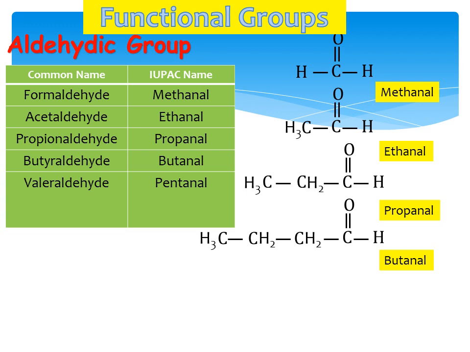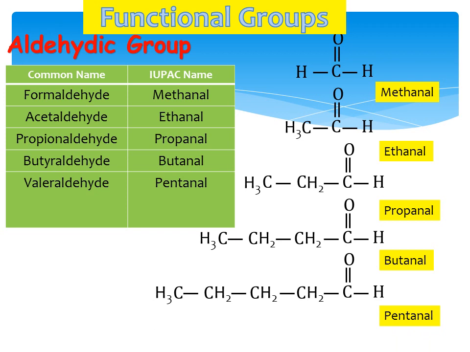Likewise, in the second situation, acetaldehyde, you have two carbons and ethane turns into ethanal, because that represents the presence of the aldehydic group. Respectively you have propanal and butanal, along with pentanal with 5 carbon atoms, along with the aldehydic group.